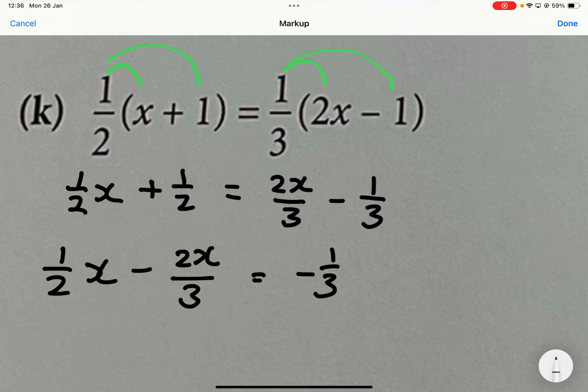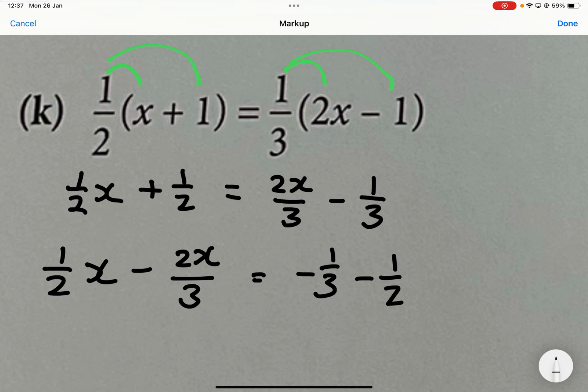Then this half is a number. I don't want a number on the left, I want all the numbers on the right. So I don't want this positive half over here, I need to minus half. When I minus half from the left, it will disappear. But if I minus something from the left, I must also minus something from the right, so that left and right are still the same.